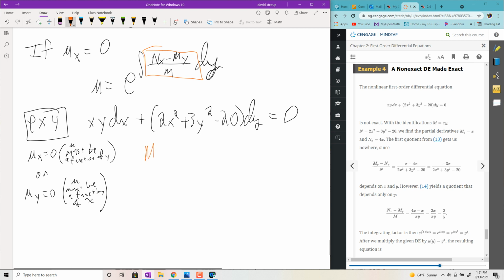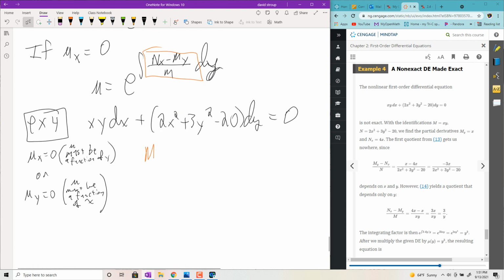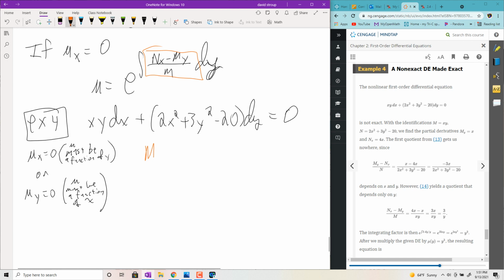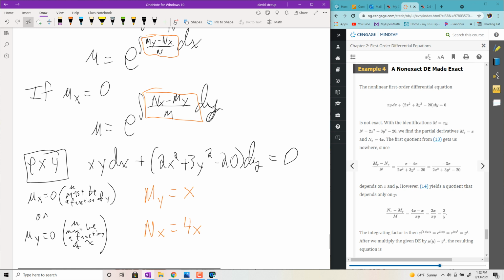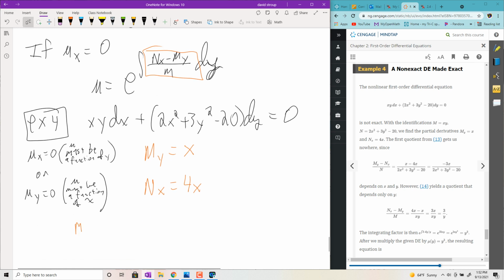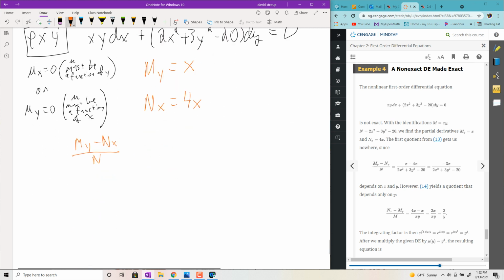I need my and nx for either case. So my is going to be x, and then nx is going to be 4x. So then I check out the two terms, my minus nx, all over n.